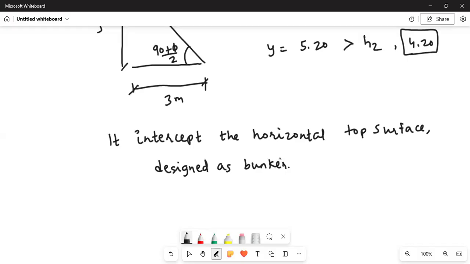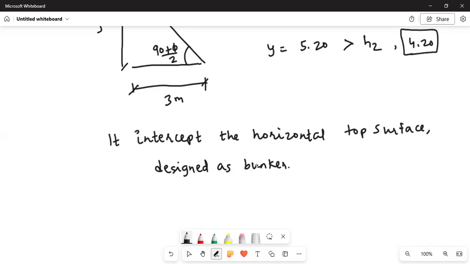Up to this is clear? Class, do you have any question? What we have done: we have fixed the dimension of the bunker and calculated the volume. We have calculated V1, V2, V3, and then got the total volume. We changed the height of the bunker, H2, from 4.17 to 4.20, and V2 is increased because of that, so volume is also increased.